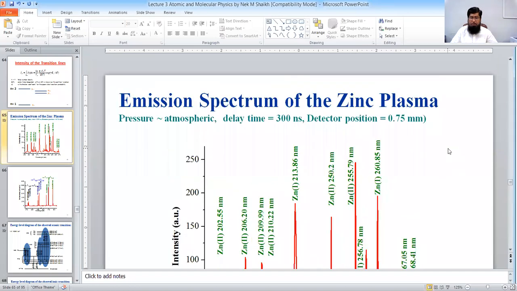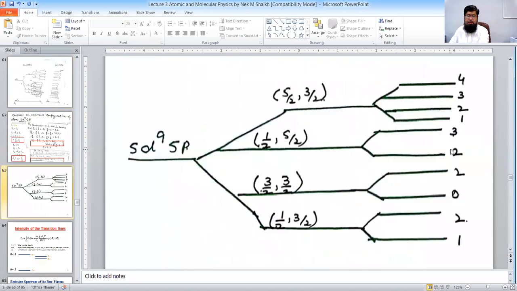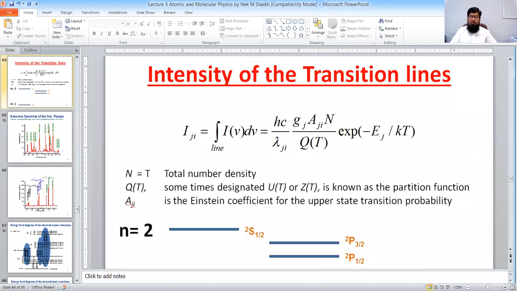Empirically, through the empirical formula, the intensity of the transition line is directly proportional to hc, where h is Planck's constant and c is the speed of light, and inversely proportional to the wavelength lambda. g is the statistical weight, A is the transition probability, N is the number of atoms present, and Q is the partition function, with exponential of minus Ej over kT.